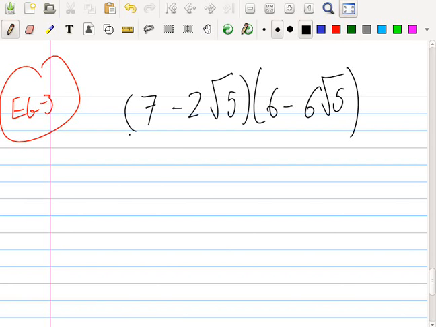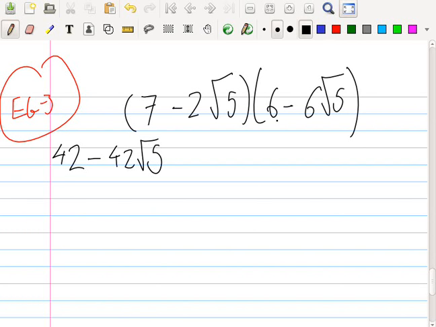So this is actually just a multiplication. First by first, first by second, second by first, second by second. So 7 by 6 is 42. 7 by 6 root 5 with the minus is minus 42 root 5.